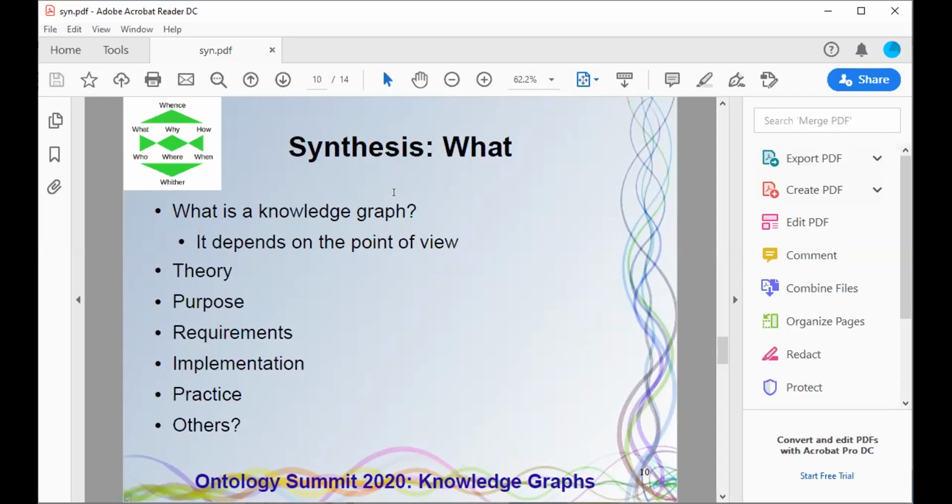So in looking at the different suggestions for definition, I think we should think about what point of view we're taking in proposing some definition. I think that would help in terms of organizing the diversity of points of view.